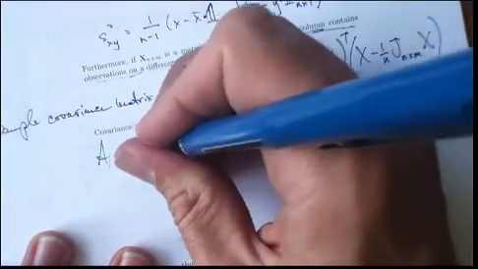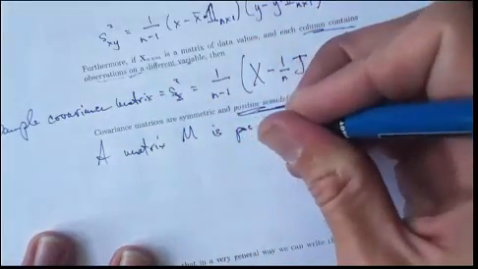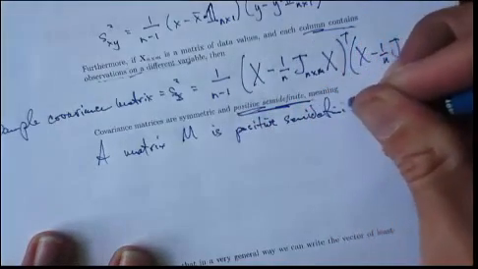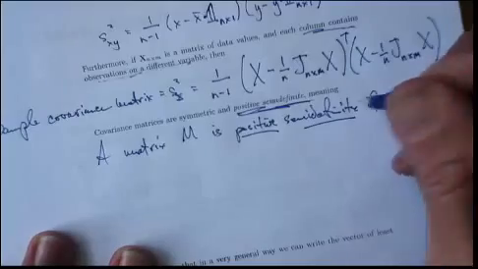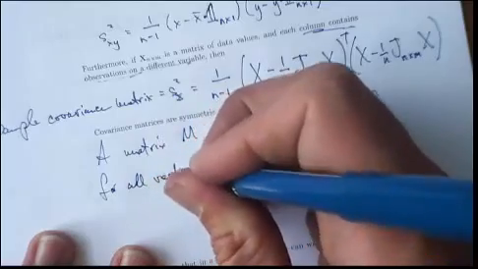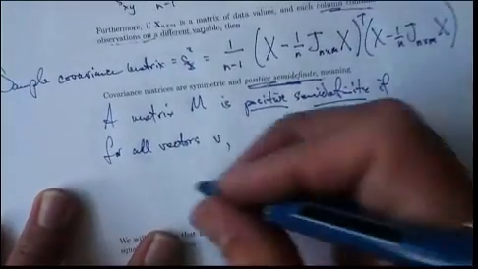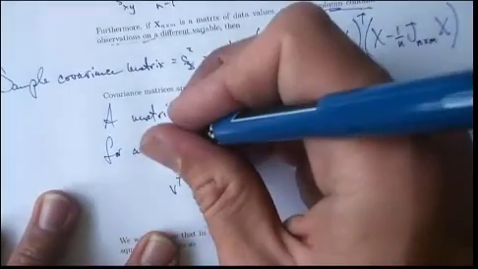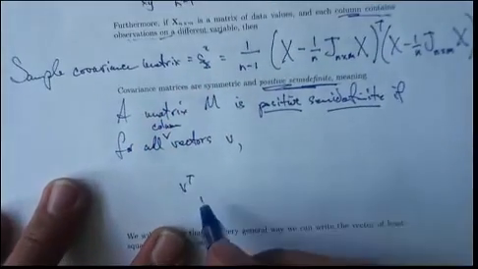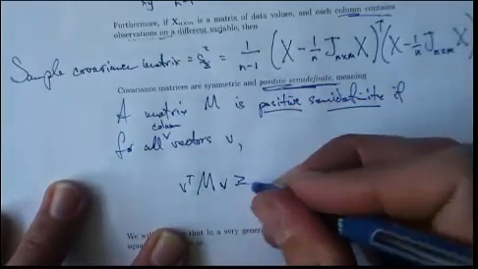A matrix M is positive semi-definite if for all column vectors V of appropriate dimension, V transpose, which is a row vector, multiplied by M and then again by V, is greater than or equal to 0.